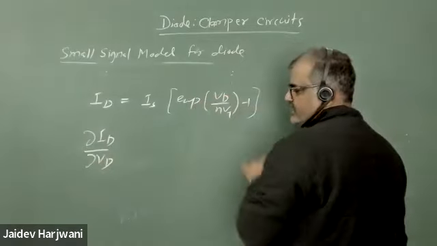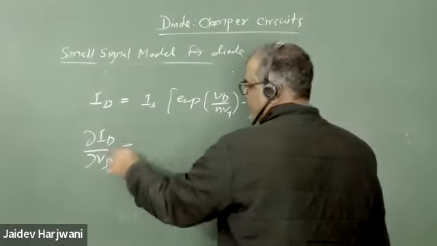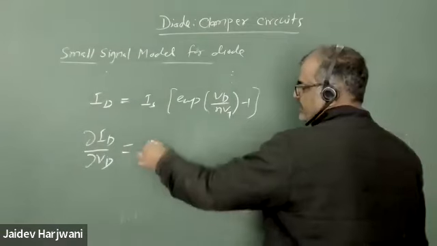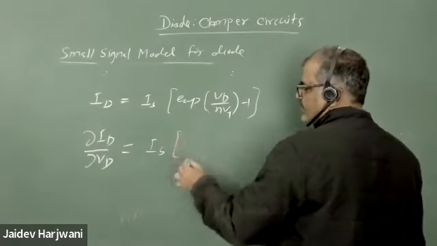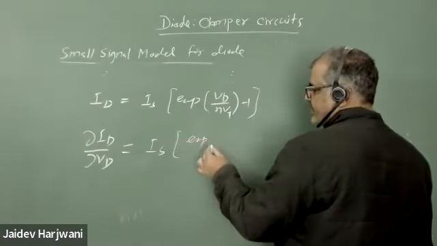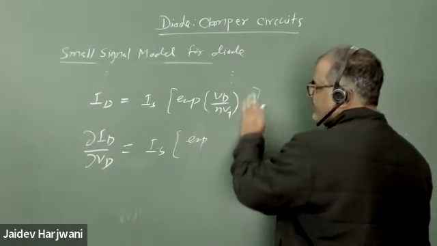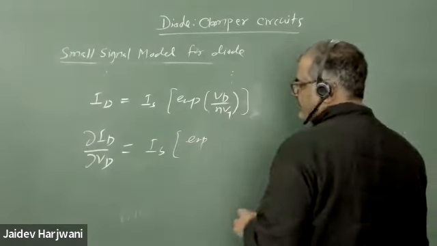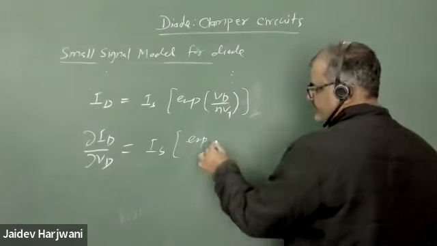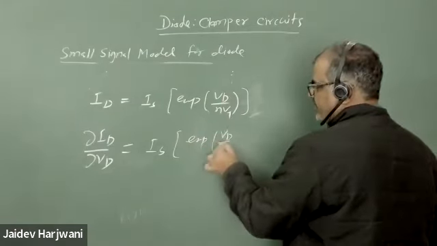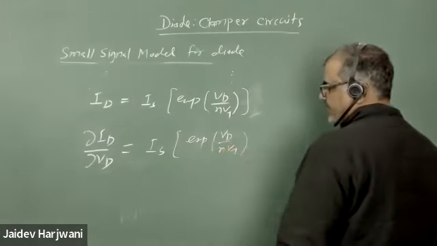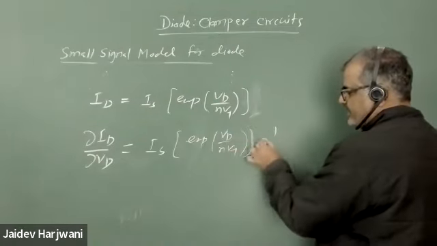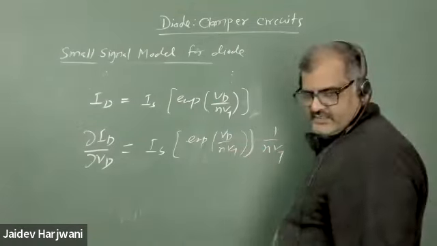I am changing this voltage by a smaller amount. It will come as IS exponential. For forward bias, you can neglect the minus 1. So exponential of VD upon eta VT, and what will come? 1 upon eta VT, isn't it?